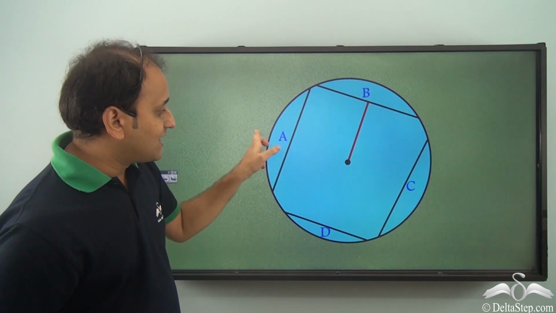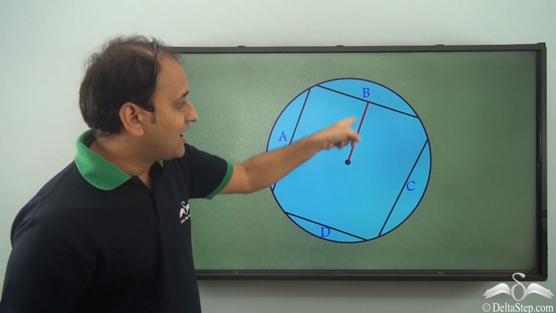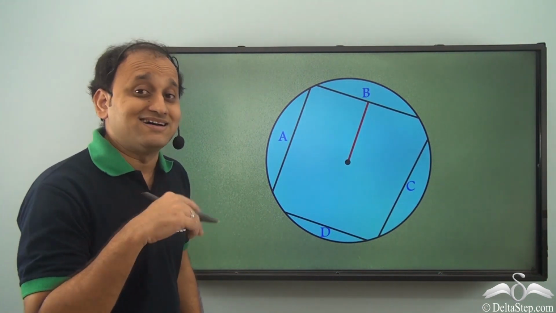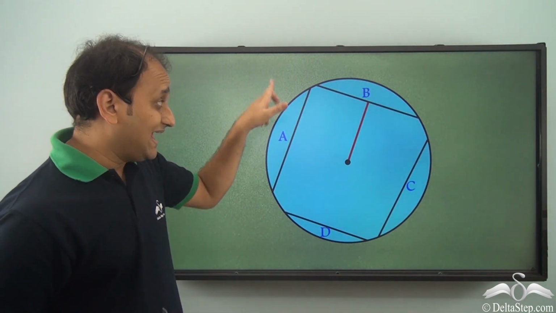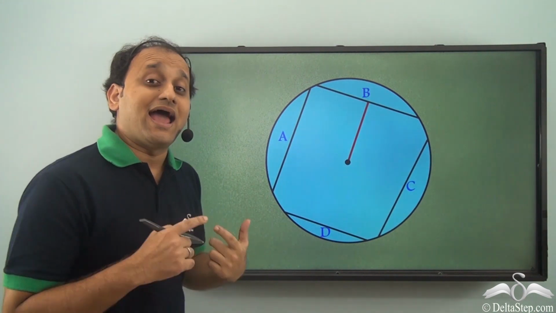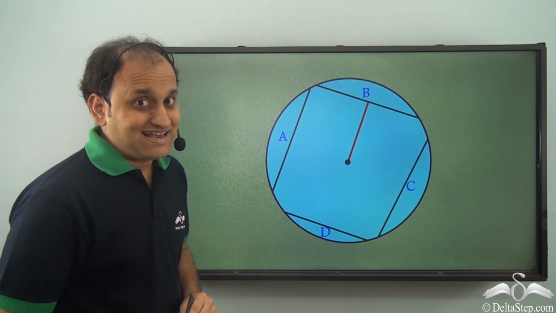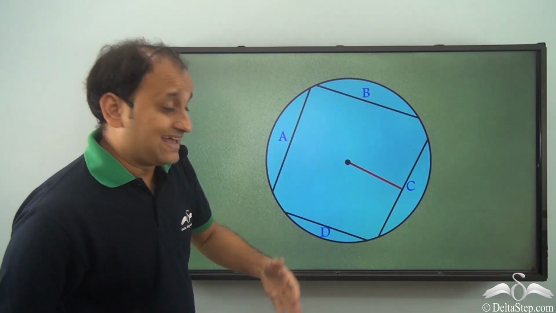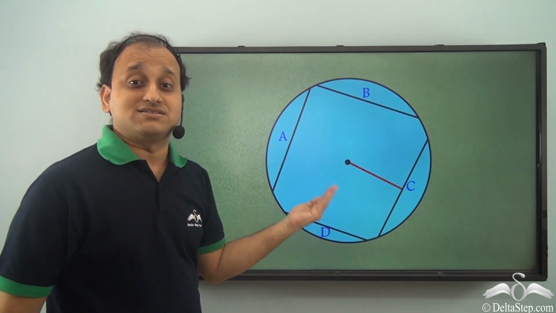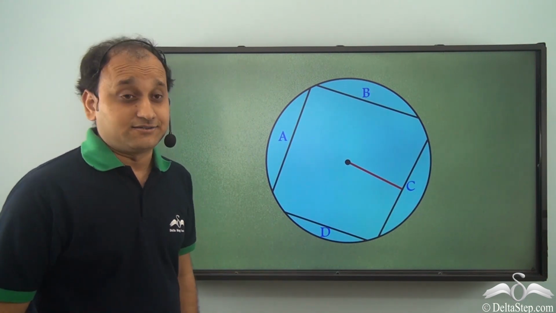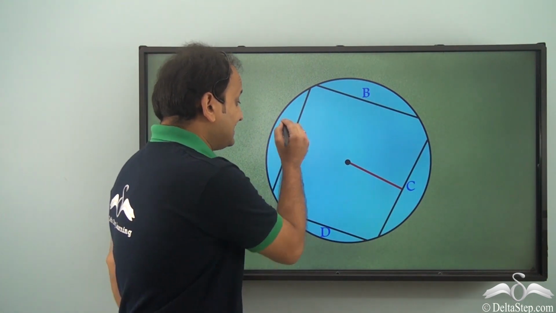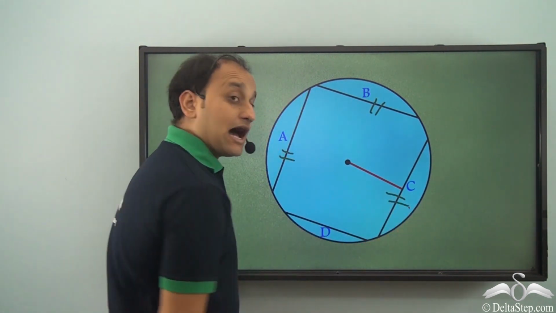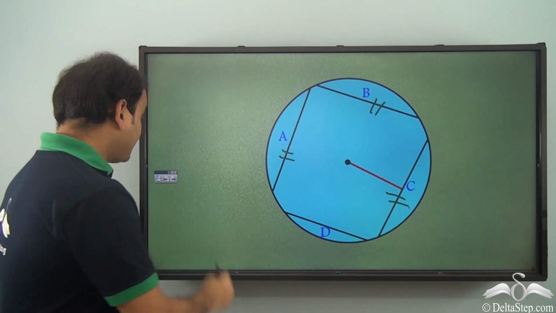So, we can say that garden A and garden B are at equal distance from the center, or chord A and chord B are at equal distance from the center. Similarly, even chord C is at equal distance from the center. And we also know that A, B and C are of equal length.